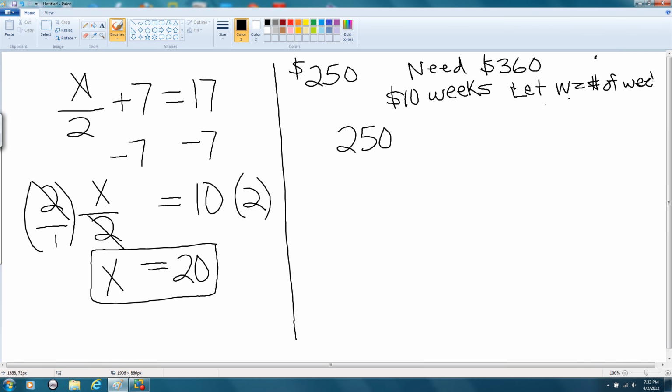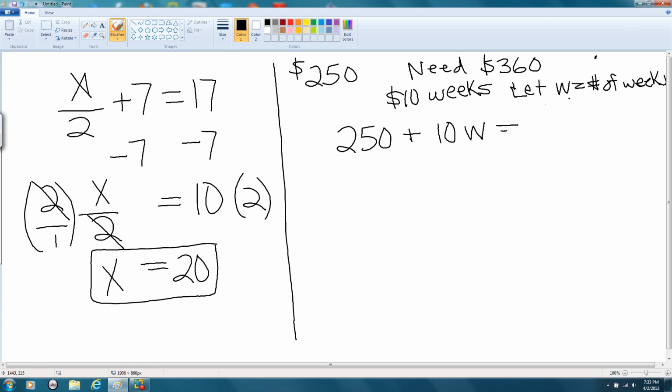So I'm going to say let W equal the number of weeks it's going to take me. Weeks, I barely fit it in there. So trust me, that says weeks. So if I have $250 plus $10 a week times the number of weeks that I save that $10 a week, I have 250 plus 10W.